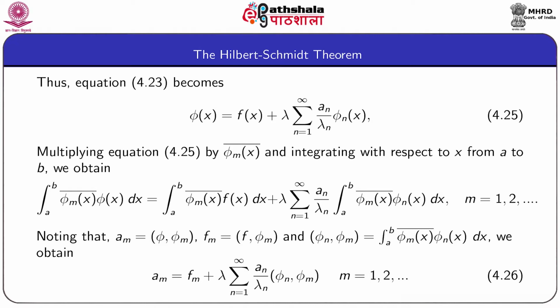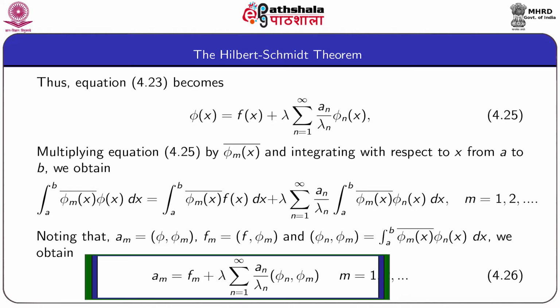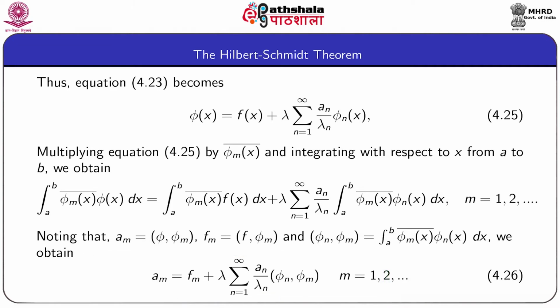So the second term of the right hand side is the inner product of phi n and phi m. So this whole equation becomes a m equal to f m plus lambda summation n equal to 1 to infinity a n by lambda n into inner product of phi n and phi m, as given by equation 4.26.